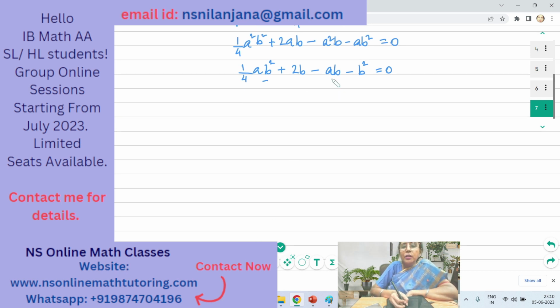And now these are the two terms containing a, so I'll be grouping them. I'll be taking the a out as a common factor. It will be 1/4 b square minus b, and this should be equal to b square minus 2b, which is b and b minus 2.